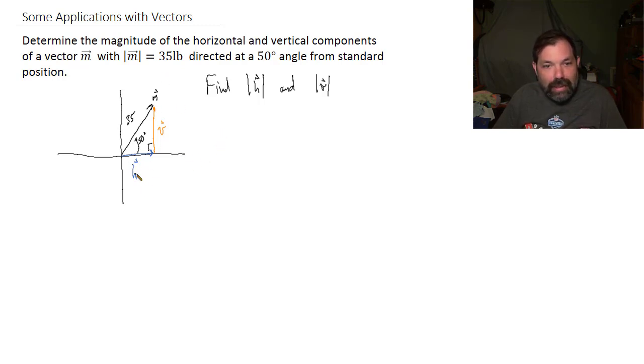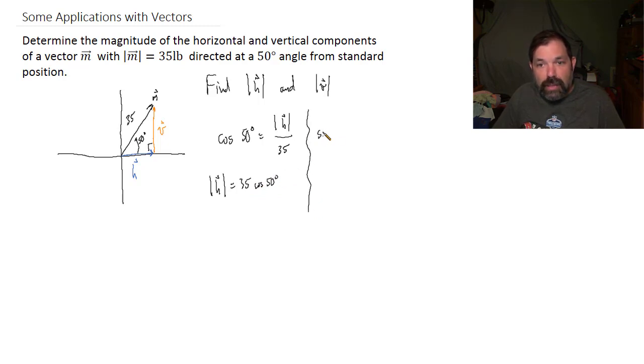If we wanted the length of the h vector, then I can use the cosine function. The cosine of 50 degrees would be equal to the magnitude of the h vector divided by 35. And so the magnitude of the h vector is 35 cosine 50 degrees.